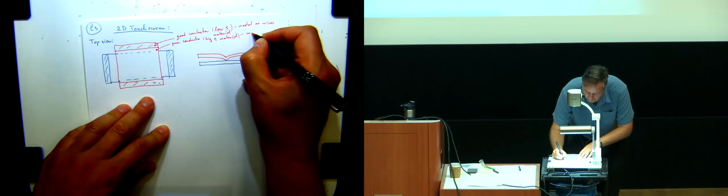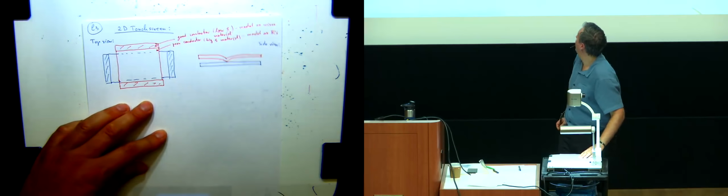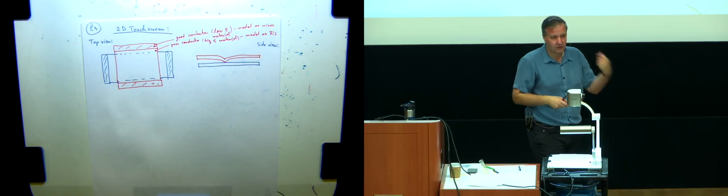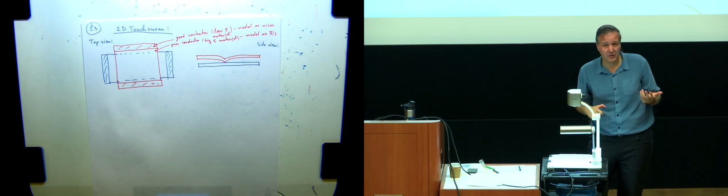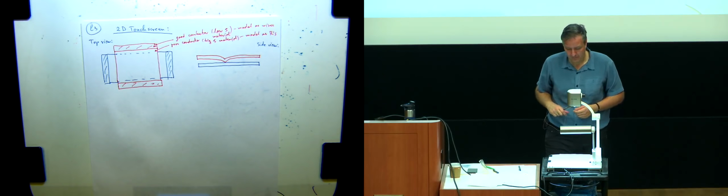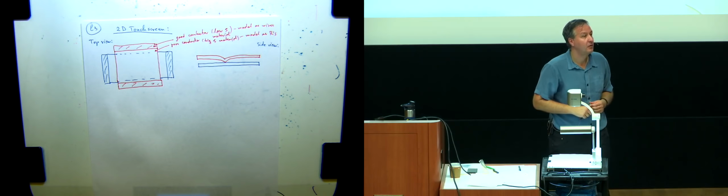This one we model as Rs. That's basically what that means, right? If it's a relatively poor conductor, we're going to consider it a resistor. If it's a really good conductor, we're going to assume it's a wire, just to simplify the model. Question? Yes?